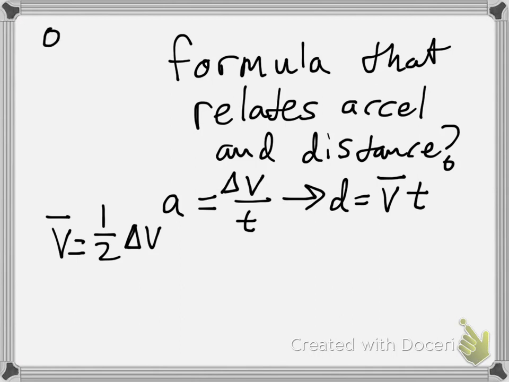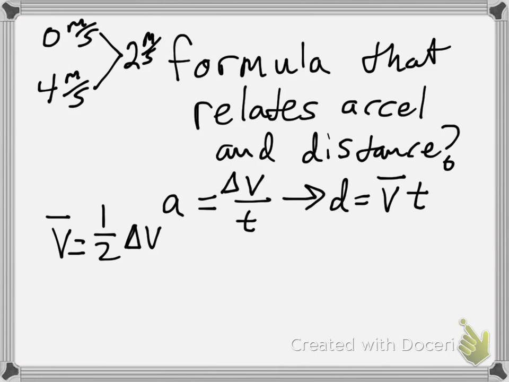If an object starts at 0 meters per second, and let's say 1 second later it's going 4 meters per second, then if I average those two out, it will be 2 meters per second. And 2 is just 1/2 of 4. So my change in velocity, 4 minus 0, 1/2 of that is 2. So my average velocity is 1/2 my change in velocity.